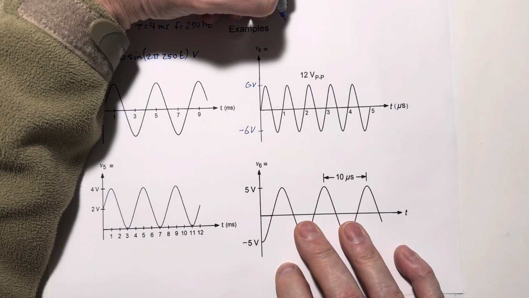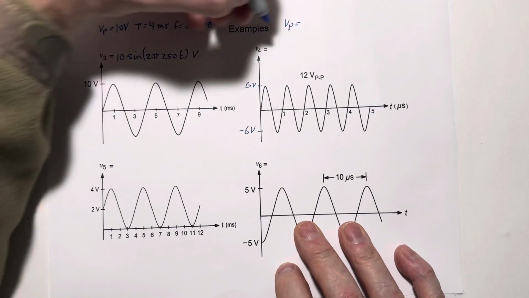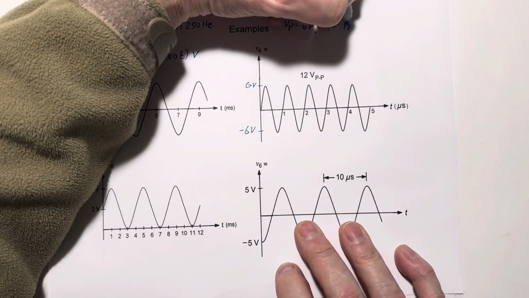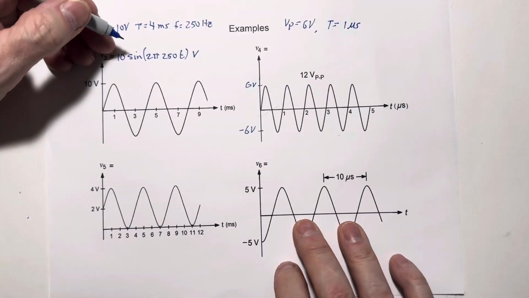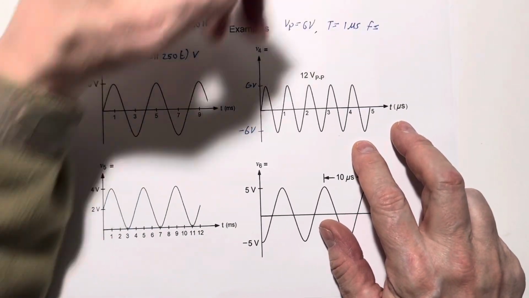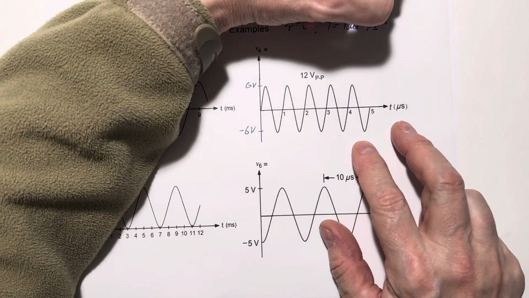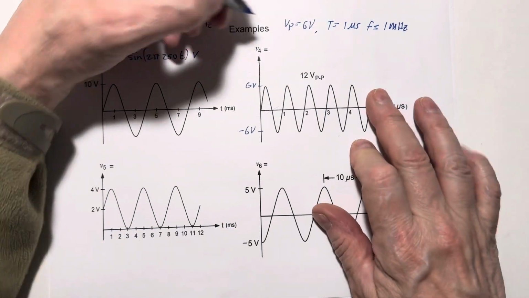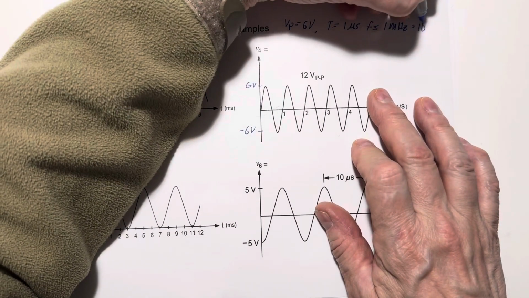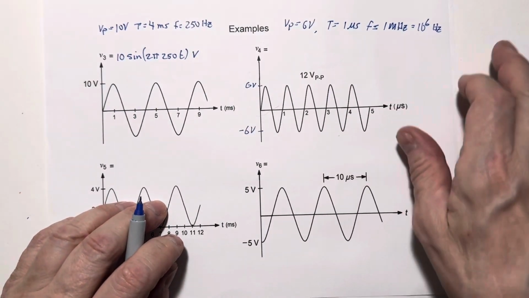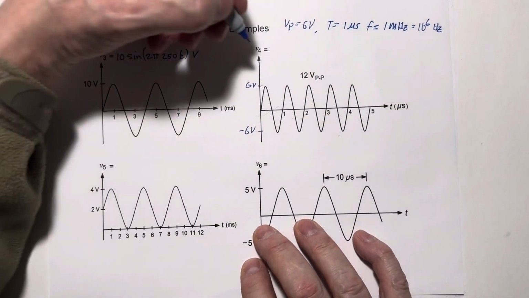So for this signal, we've got Vp equals 6 volts, T equals 1 microsecond, and the frequency then is 1 over 1 microsecond, which is 1 megahertz. And I'm going to express that as 10 to the 6th power hertz. It's a little easier to write.